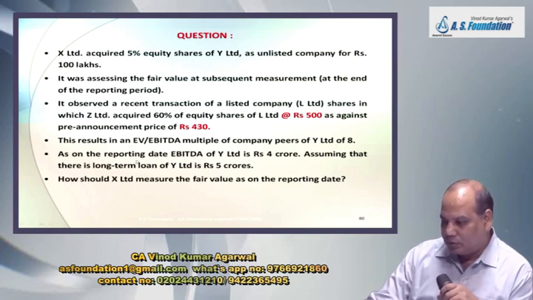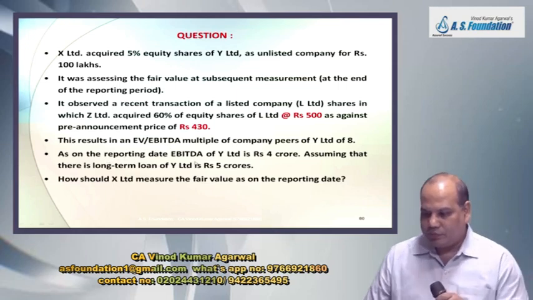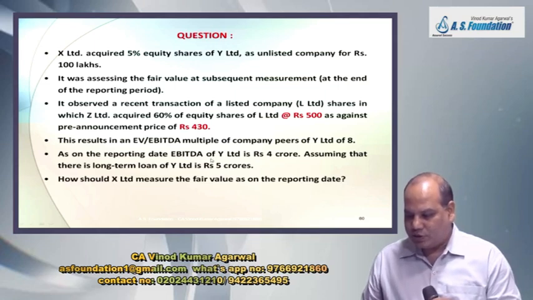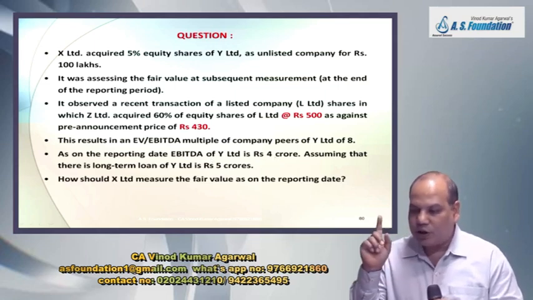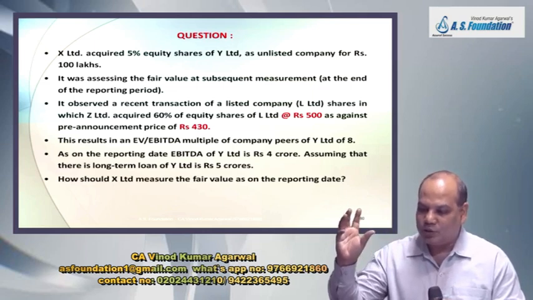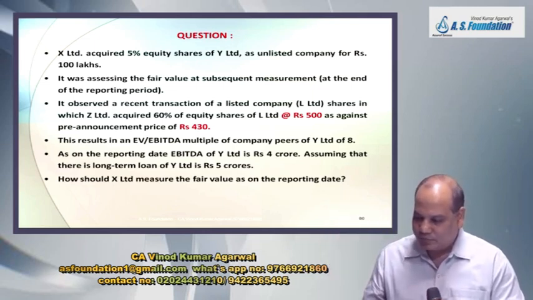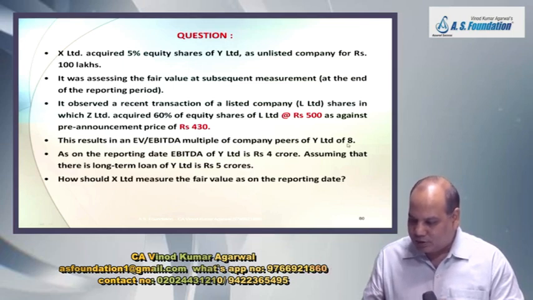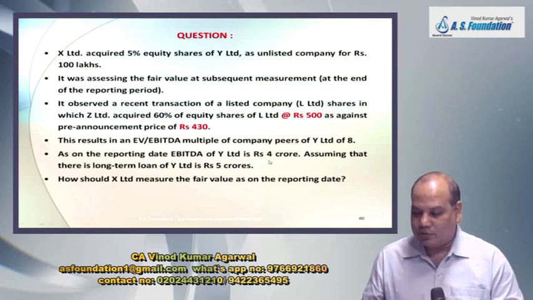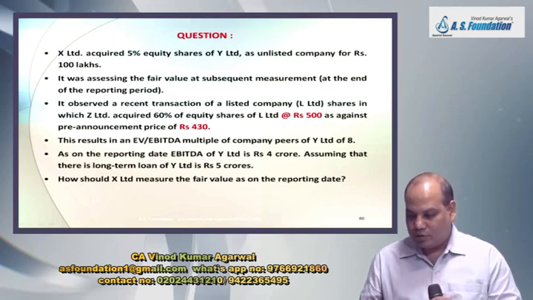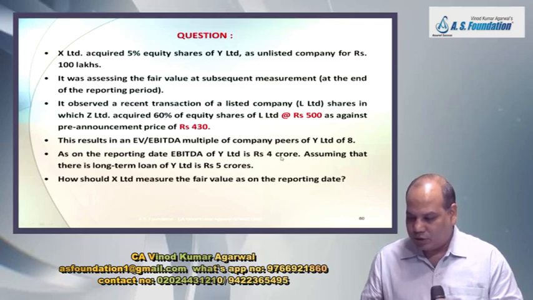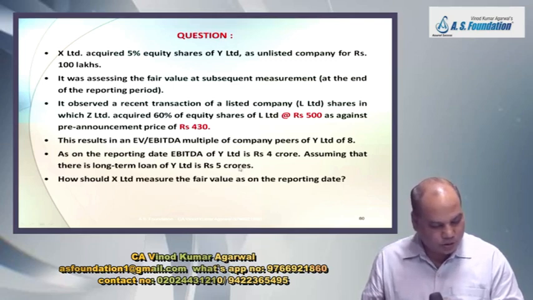So next, as on the reporting date, earning before interest, tax, depreciation of Y Limited is 4 crore. So we have to value our 5% equity share of Y Limited. So now it will be 8 into 4. How much is the total enterprise value? 32 crore. Assume that there is a long-term loan of rupees 5 crore.